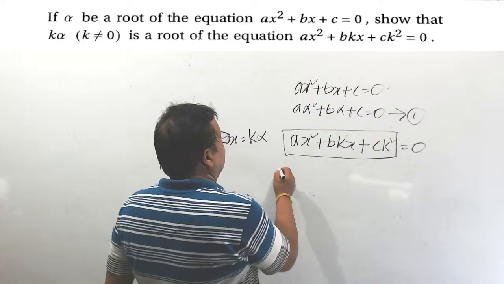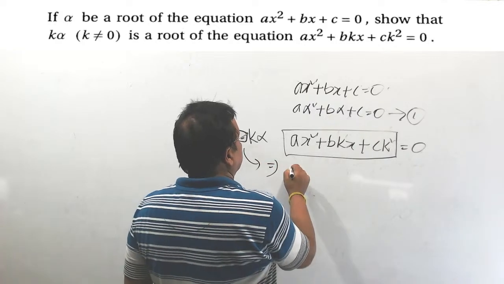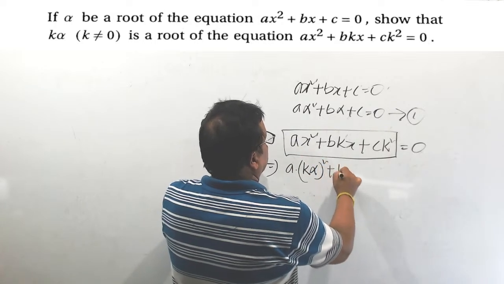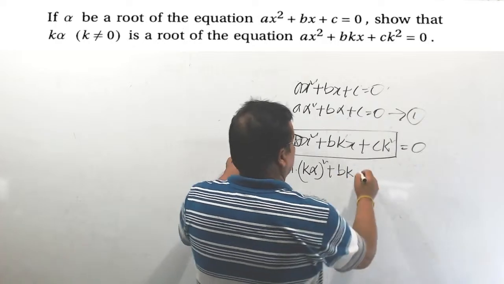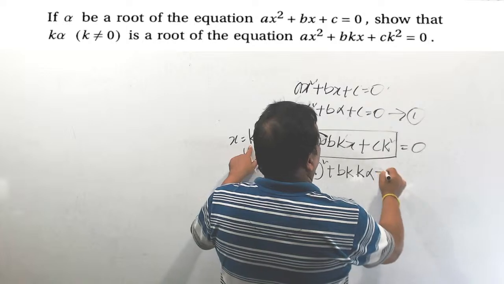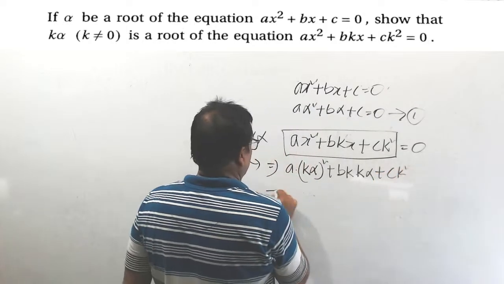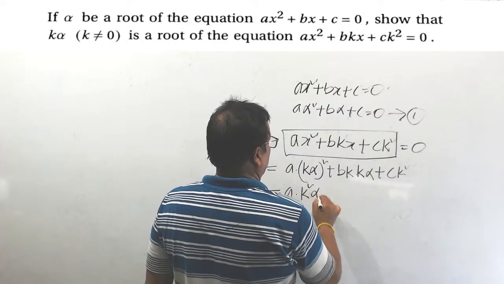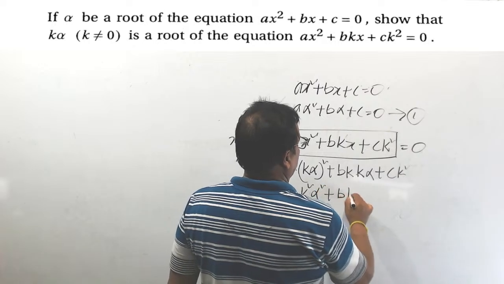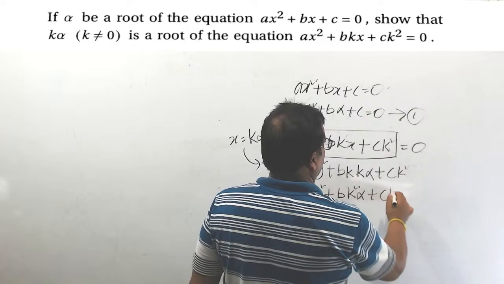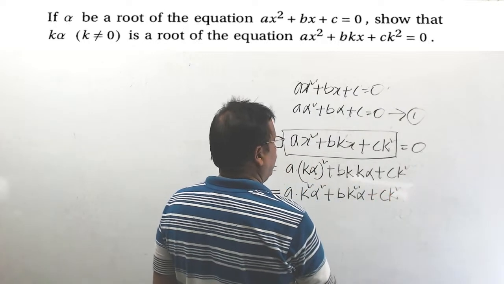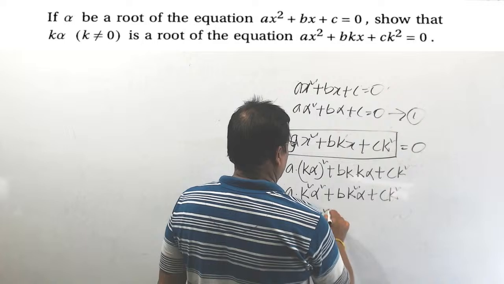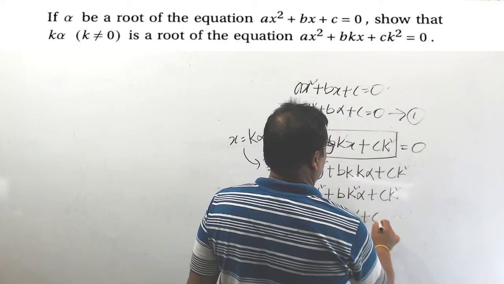Understood? So put the value of x. That is a into x, x means k alpha, k alpha square, plus b k into x, x means k alpha, plus c k square. This equals a into k square alpha square plus b k square alpha plus c k square. Taking k square common, k square times (a alpha square plus b alpha plus c).